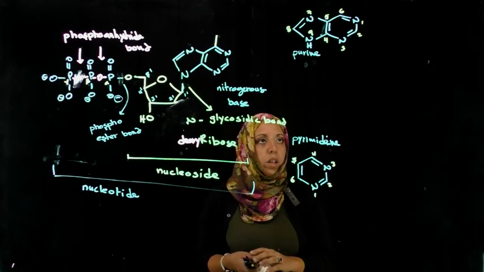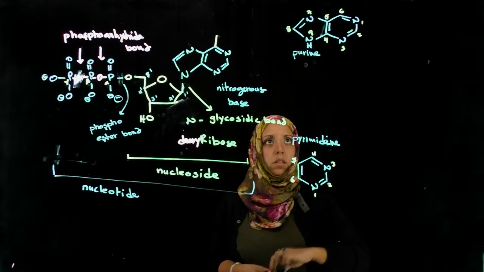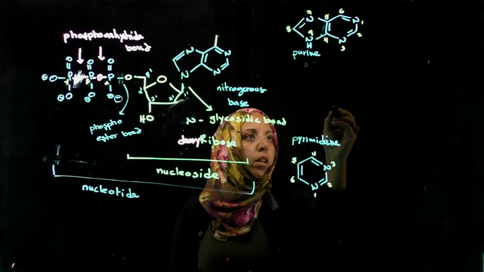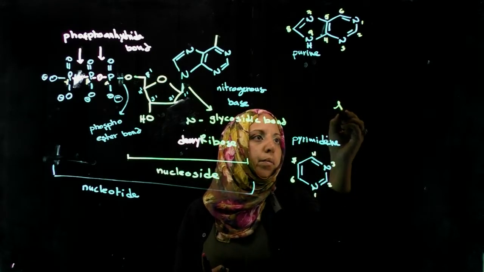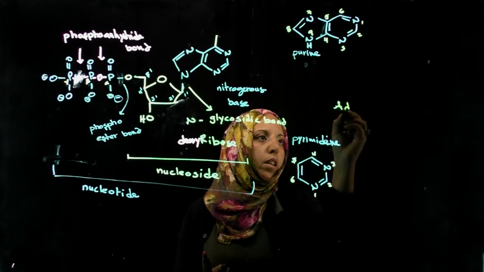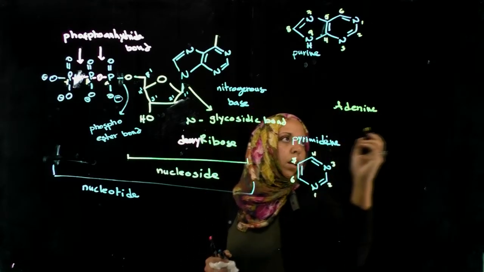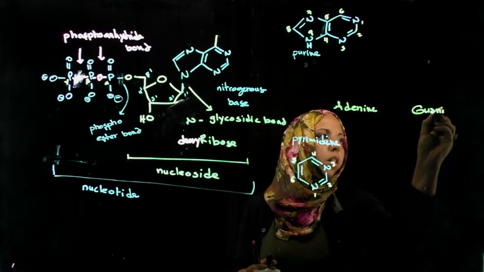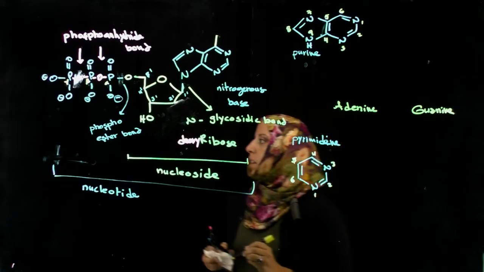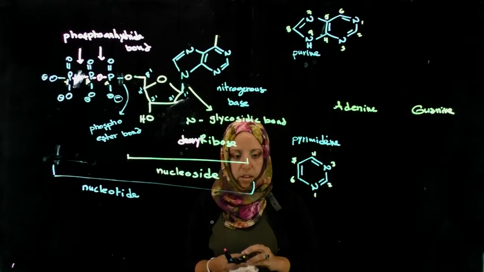All right, and we could start with purines. One example would be adenine and really guanine. Those are our two. Adenine and guanine are our two purine derivatives, right?